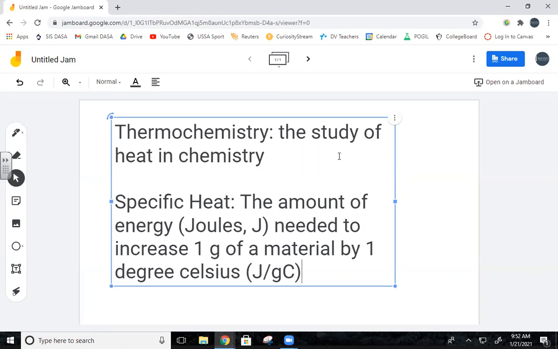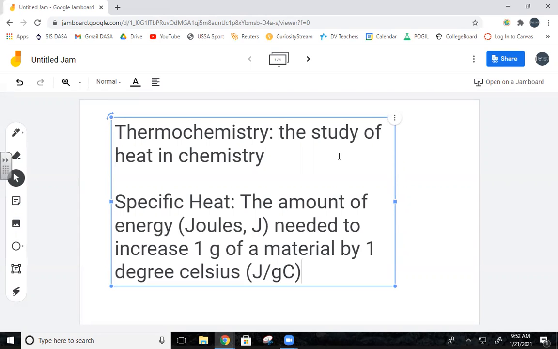And I know that sounds like a very confusing unit. It's not that bad. Joules per gram Celsius is just how much energy for 1 gram by 1 degree Celsius. Does that make sense? Okay, we'll look at some things, okay?